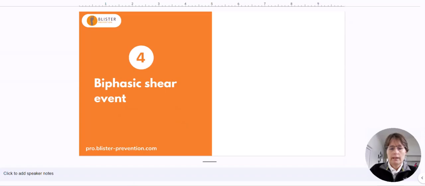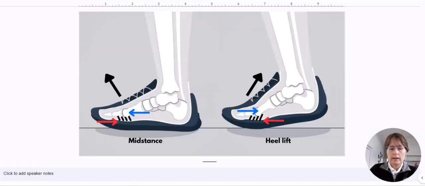And finally, it is a biphasic shear event under the forefoot. So at mid-stance, as the forefoot takes load, the metatarsal head moves forward, and therefore the shear is directed anteriorly. However, after heel lift and as the foot progresses through to toe off, there's a reversal of the direction of that shear deformation.